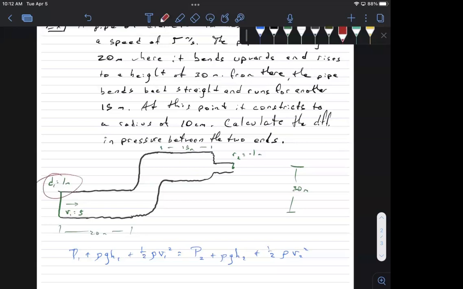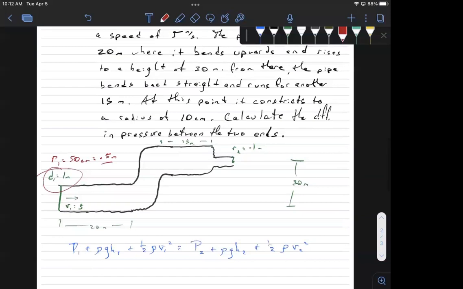Diameter is bad because eventually, when I go to calculate the speed, I need area, and area uses radius. So first, instead of diameter, I'm going to convert to radius, which is just the diameter divided by 2. So really R1 is 50 centimeters, which is 0.5 meters.